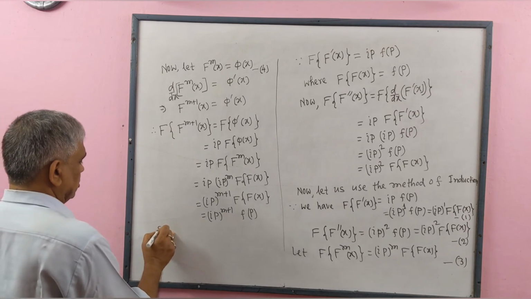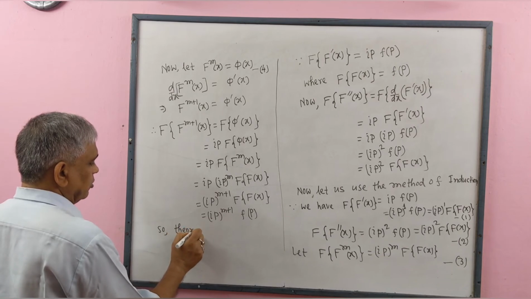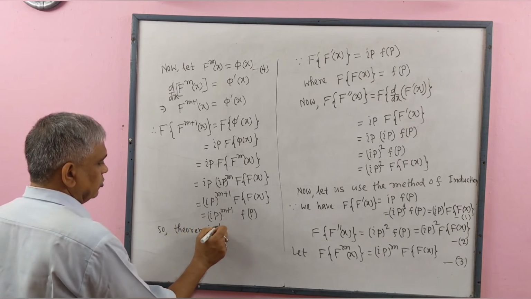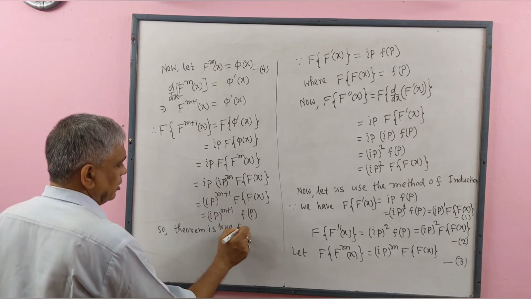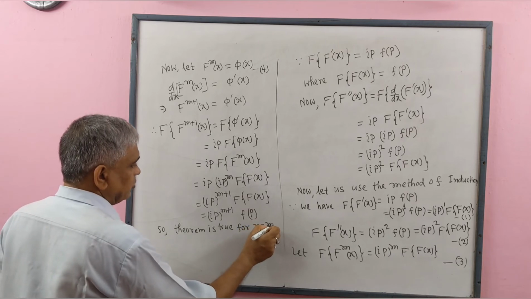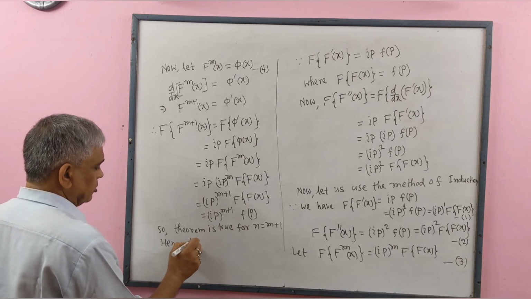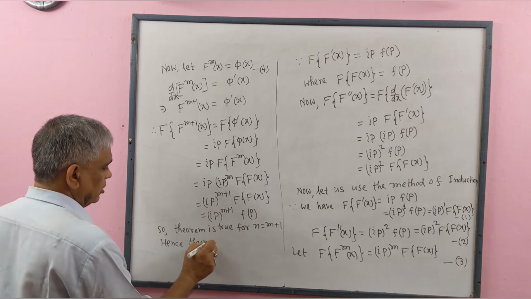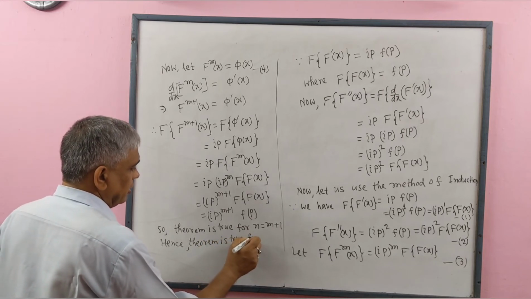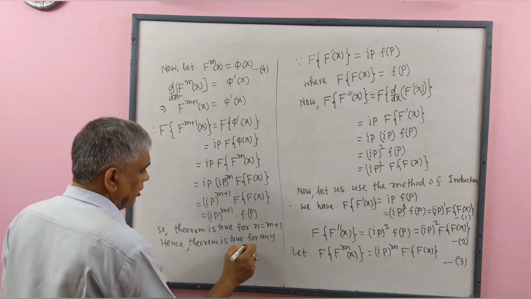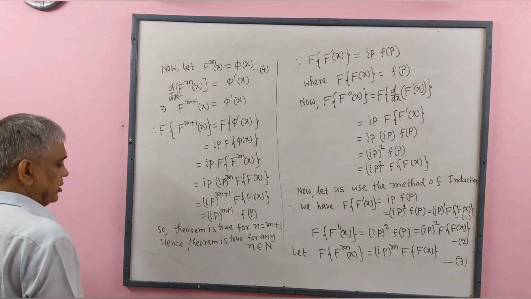So the theorem is true for n equal to m plus 1. Hence, the theorem is true for any small n belonging to capital N, where capital N is the set of natural numbers.